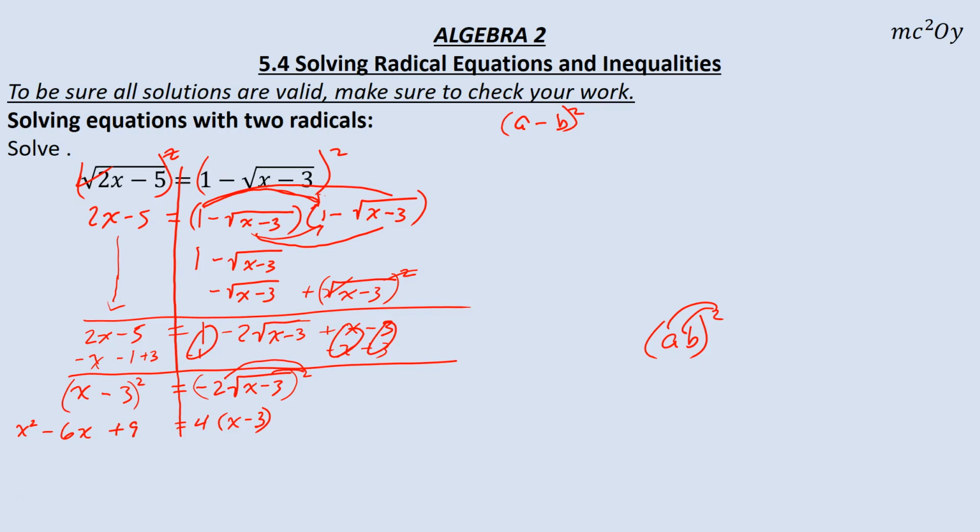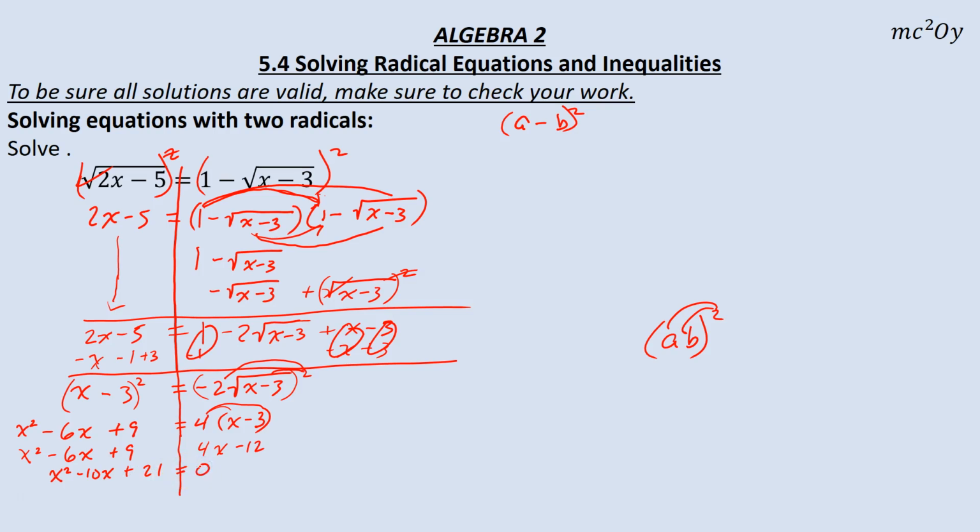I now have a quadratic. I'm going to bring this in. Actually, I will put x squared minus 6x plus 9. And I'm going to move the 4x by subtracting 4x. So now I have x squared minus 10x, and I'm going to add that 12 over, so plus 21 is equal to 0.